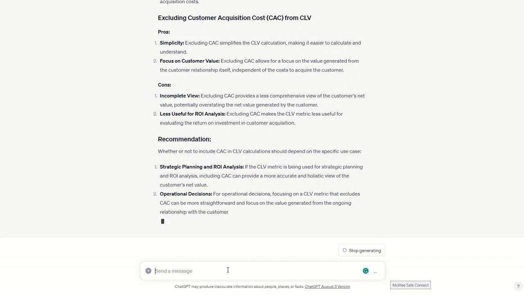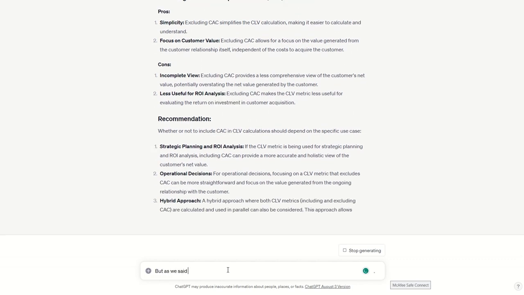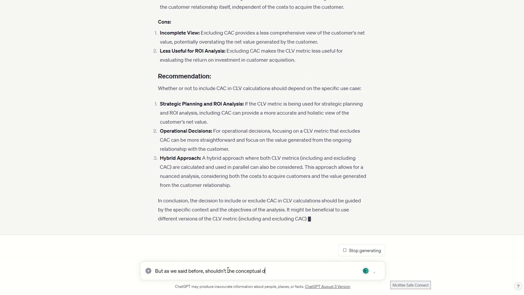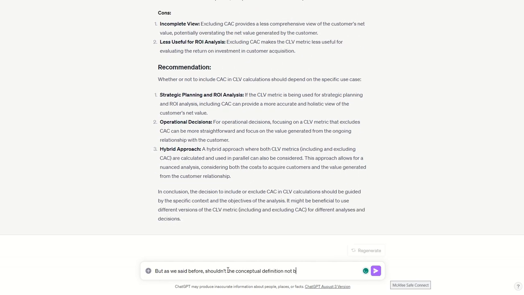As we said before, shouldn't the conceptual definition not be a function of the use case? So, what should be the conceptual definition? Or I should say, if so, should the conceptual definition include CAC or not?